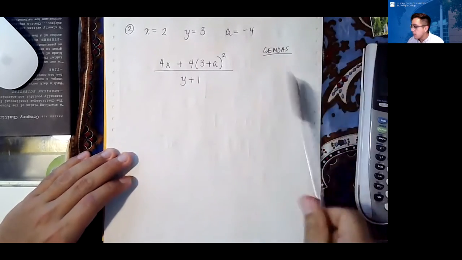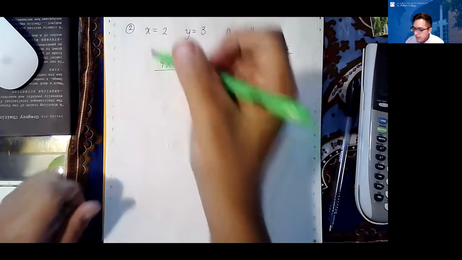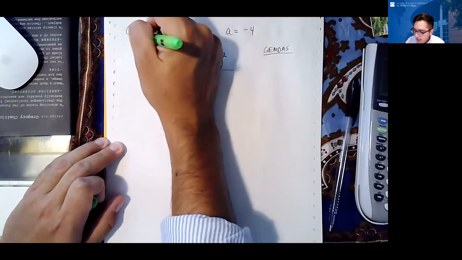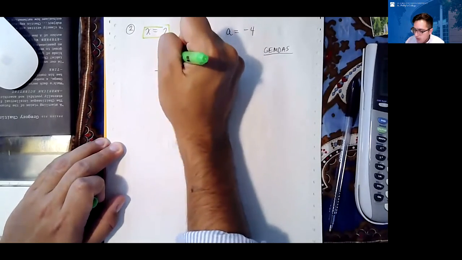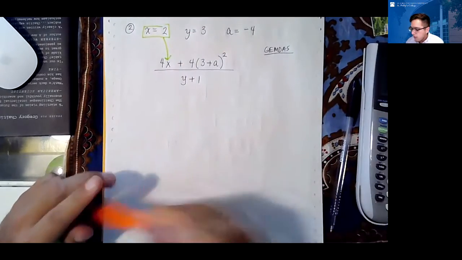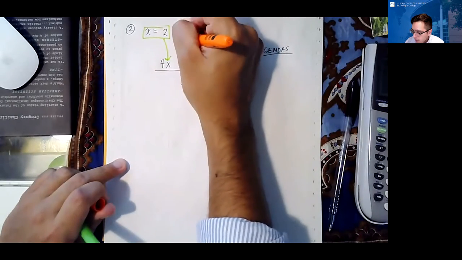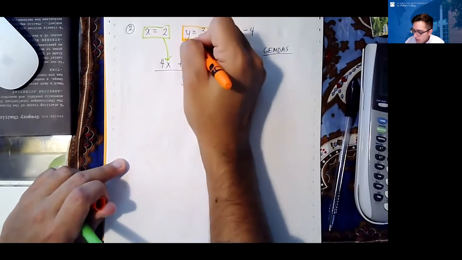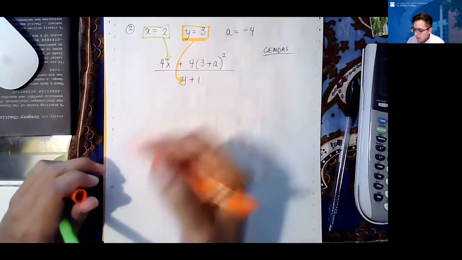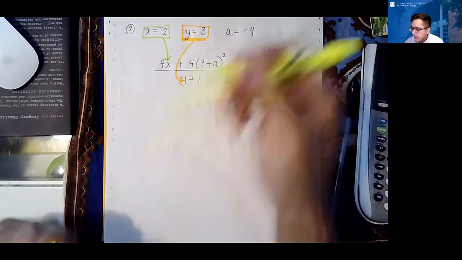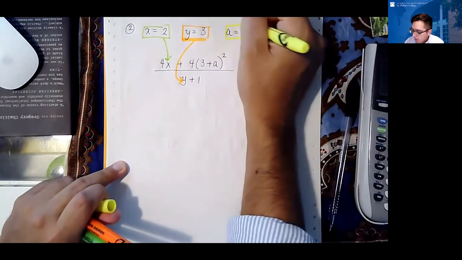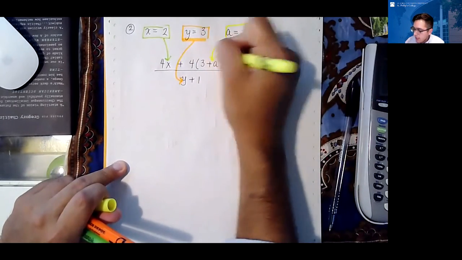Once we go ahead and substitute in these values, right? For our x, we're going to substitute the value 2. For y, we're going to substitute the value of 3. And then for a, we'll substitute the value of -4.